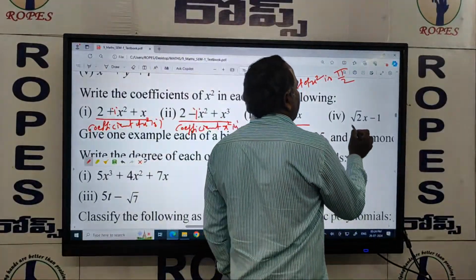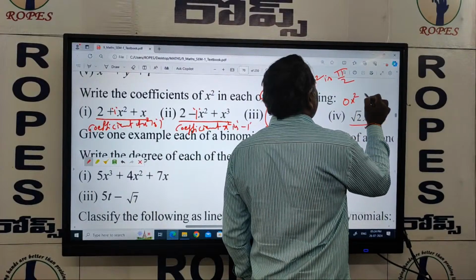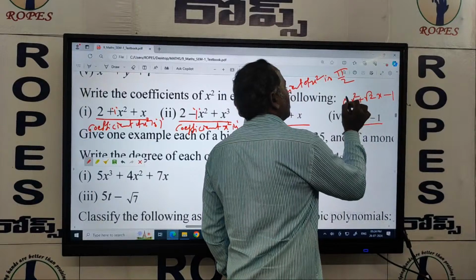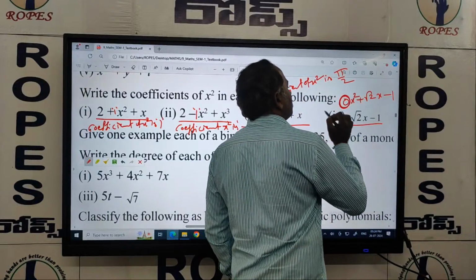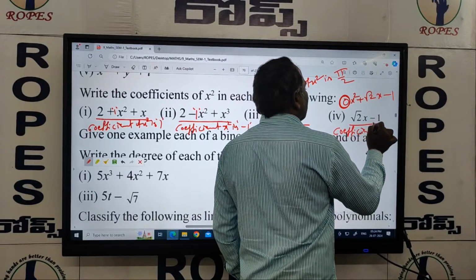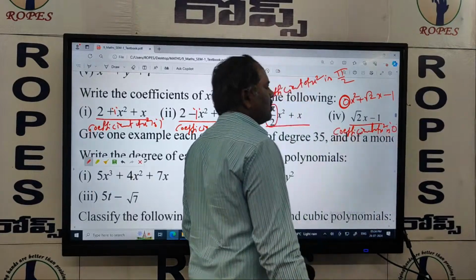Now here there is no x square term, so we can write 0 into x square plus root 2x minus 1. So the coefficient of x square is 0.